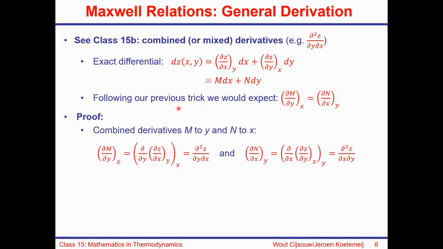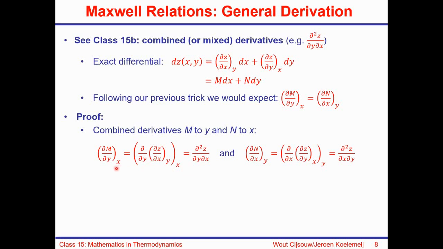Now, let's do that the following way. Let's take partial derivatives of m with respect to y for fixed x and of n with respect to x. So then we get these combined partial derivatives. If you want, you can stop the movie here and take a closer look for yourself to see if you follow this whole derivation.